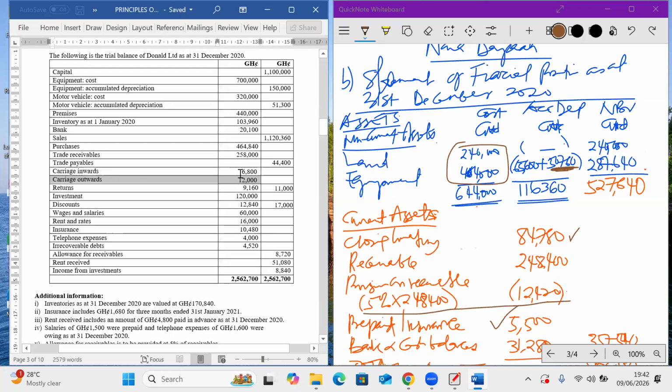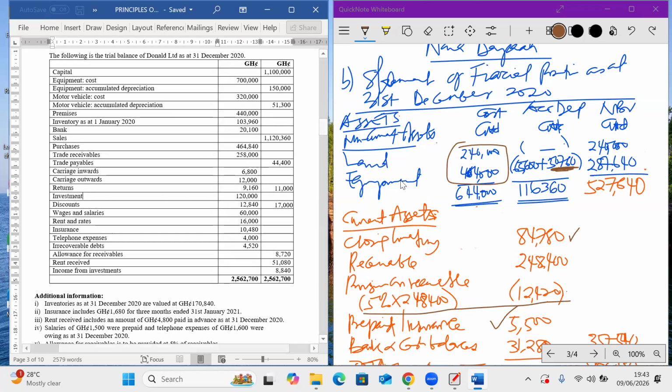Then carriage outwards is when the business is carting or accompanying a customer with the goods. So that one is operating expenses. Returns: learn the one on the debit side is returns inwards. The inwards one is used against sales because sales is on the credit side. Then the outwards one is used against purchases.